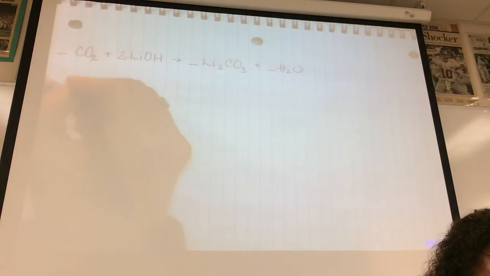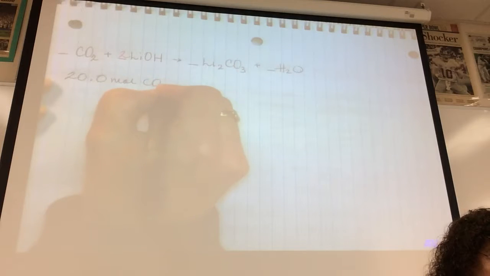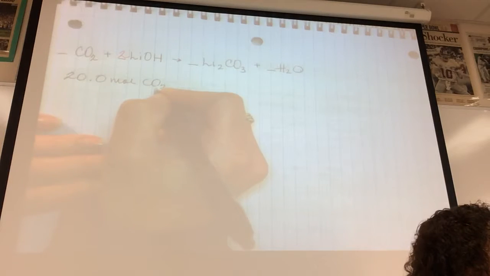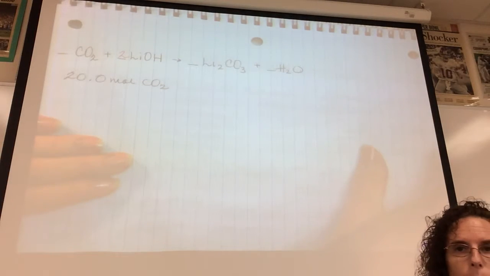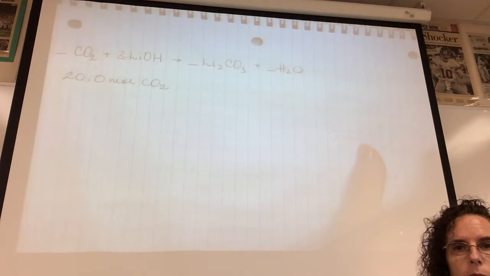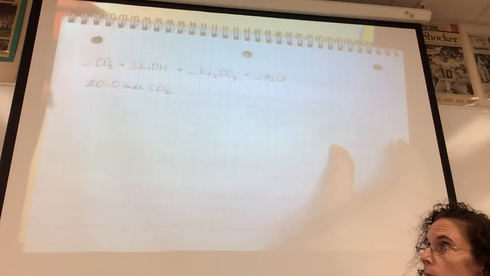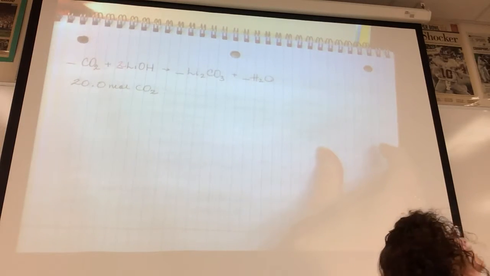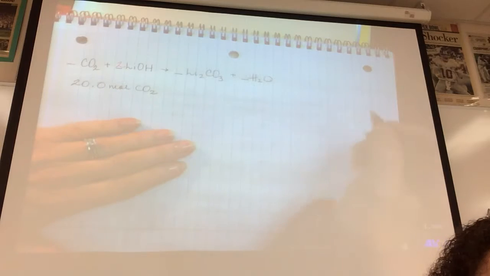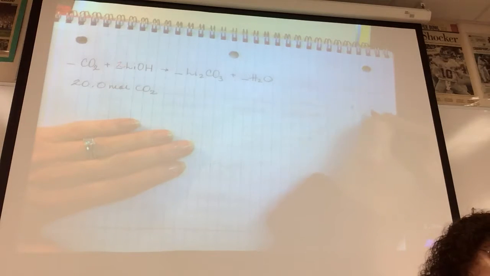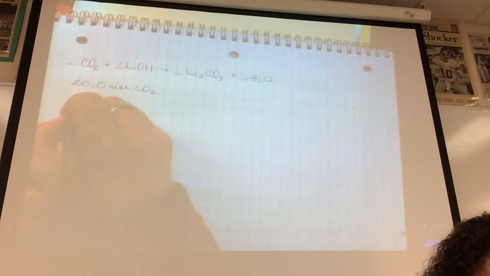We're told that we have 20 moles of carbon dioxide, and we want to get the volume of water. The density of water is 1 gram per mil.